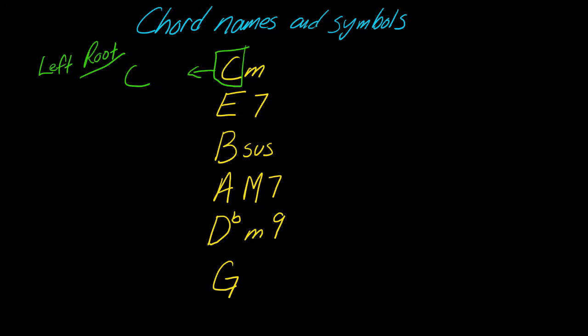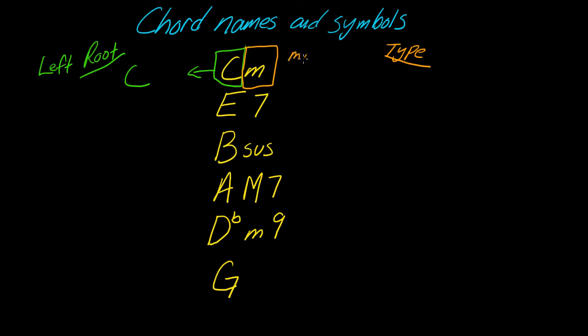And then the info on the right side of the chord symbol is called the type of chord. Basically what type means is the notes that you add to the root note. So this little m stands for minor.